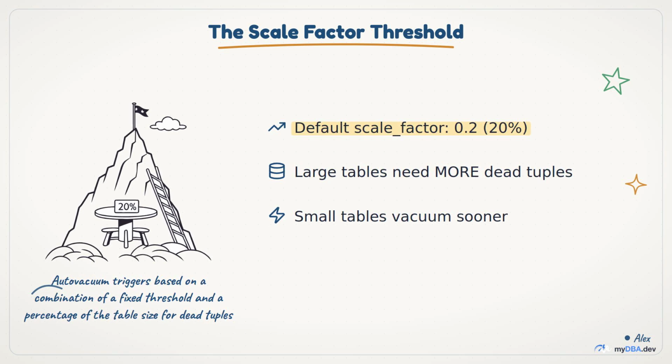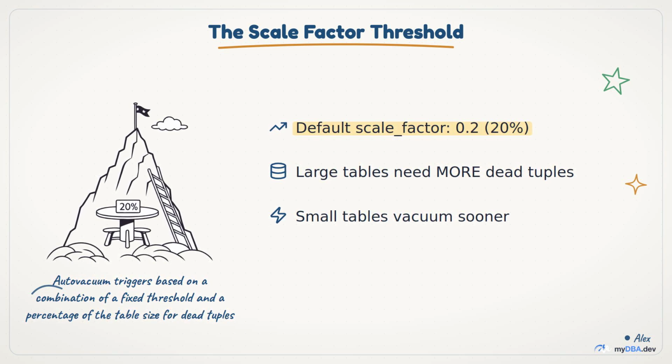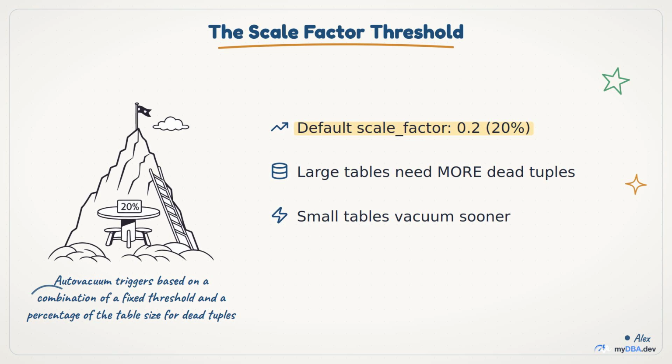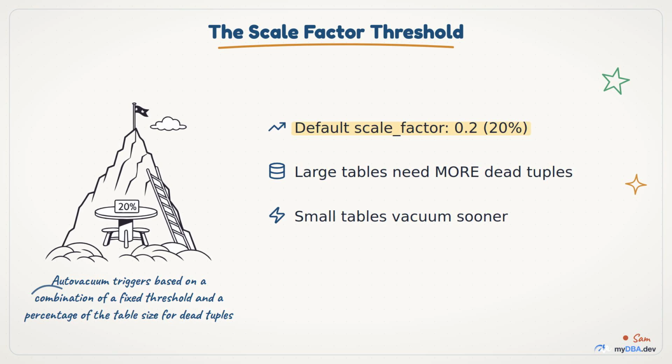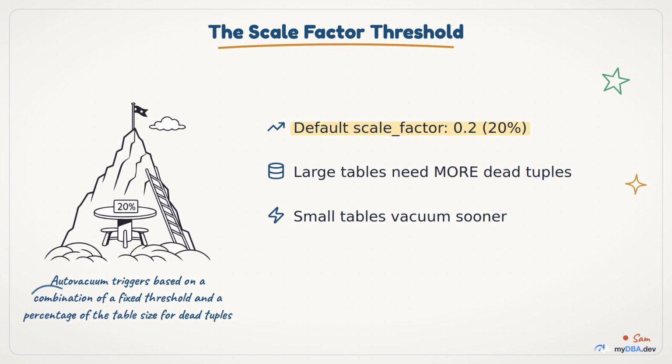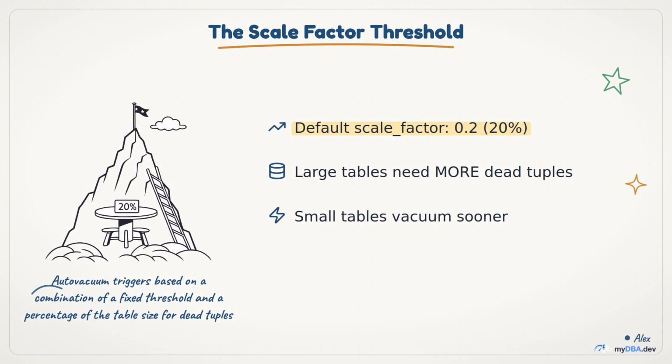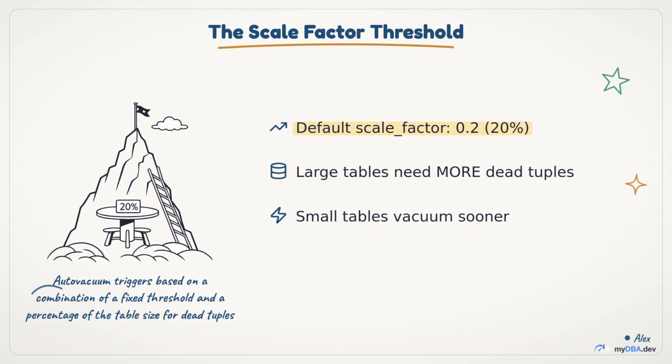The scale factor defaults to 0.2, so a table typically needs to accumulate dead tuples equal to roughly 20% of its size before Autovacuum even starts. Wait, so a 10 million row table has to accumulate around 2 million dead tuples before Autovacuum kicks in? Exactly. And if that table is getting 1,000 updates per second, it'll hit that threshold fast.